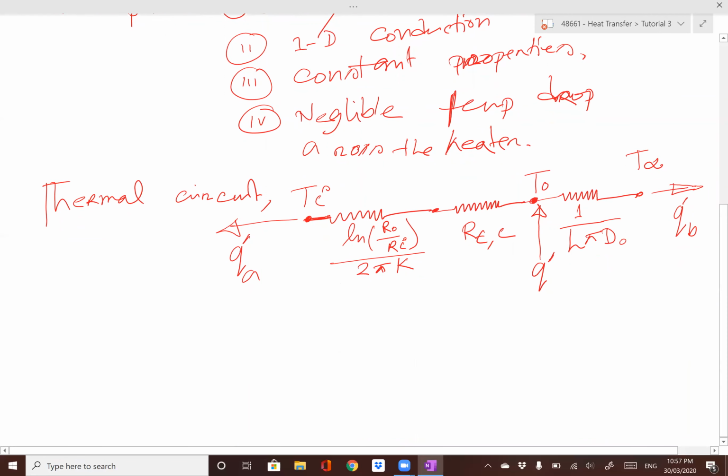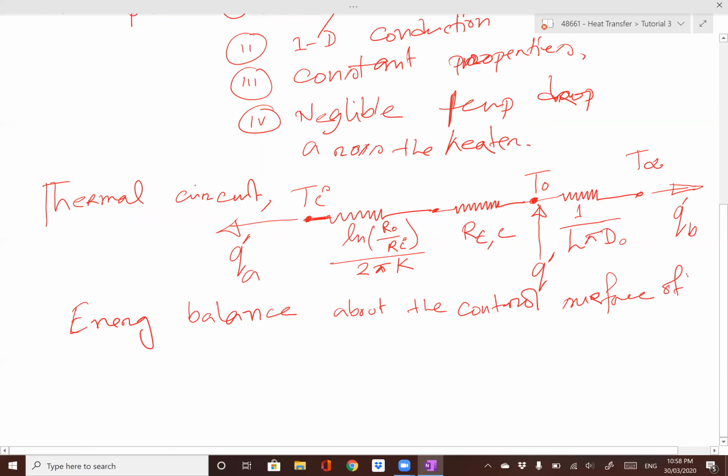So energy balance, about the control surface of the heater.